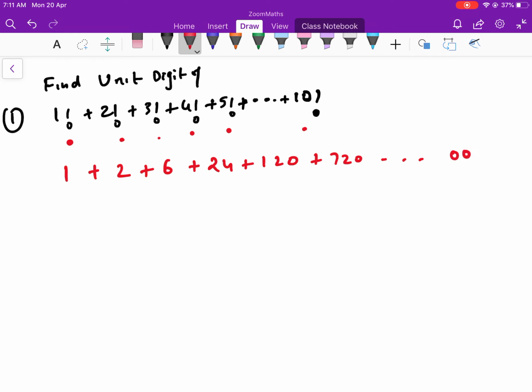So my unit digit of this factorial addition will be just the addition of these numbers, and from here on, this is going to be 0. It doesn't make any difference for me. So I just need to add the first numbers.